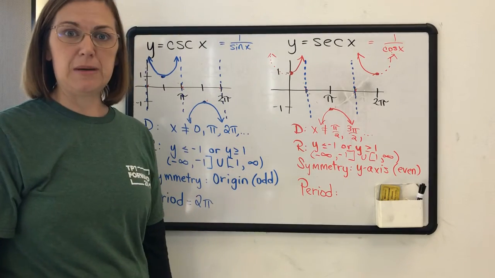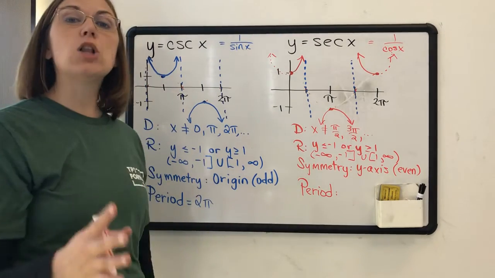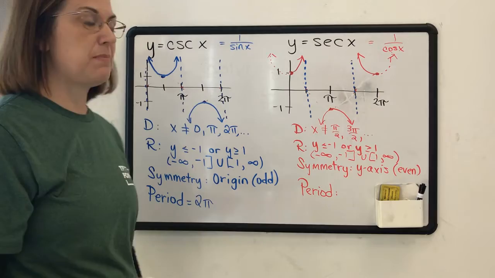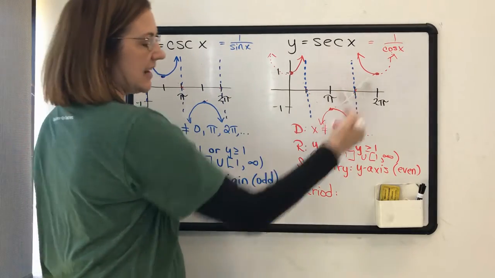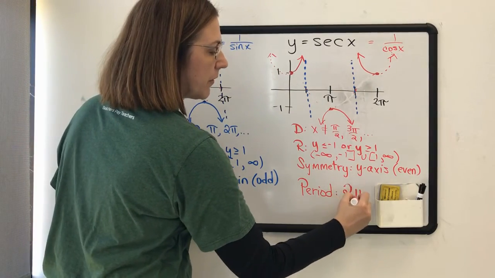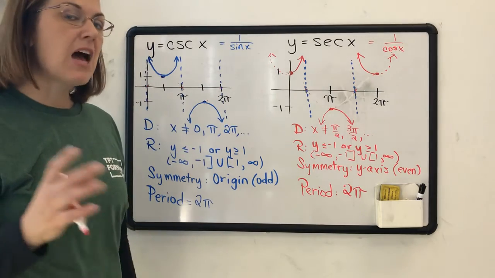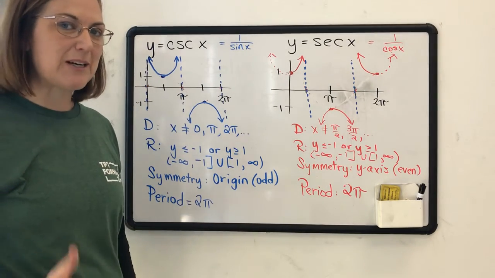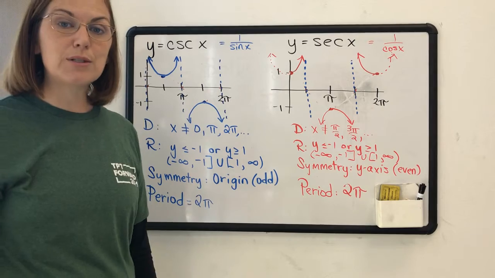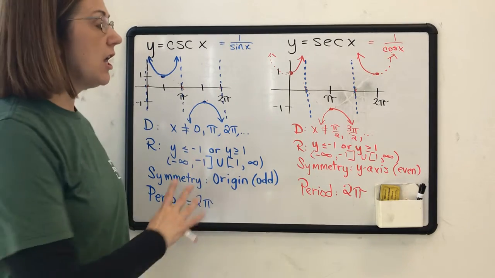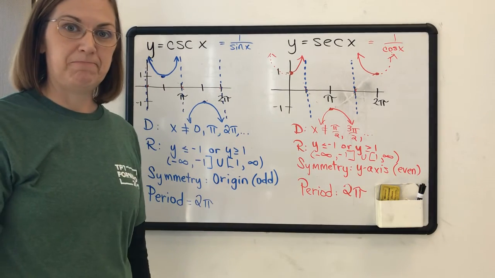Finally, the period. The period is how long it takes before the graph begins to repeat. And in this case, it takes us a full revolution on the unit circle. It takes us 2 pi before the graph repeats. I hope you're catching some of the similarities. Secant and cosine have the same period, the same symmetry.